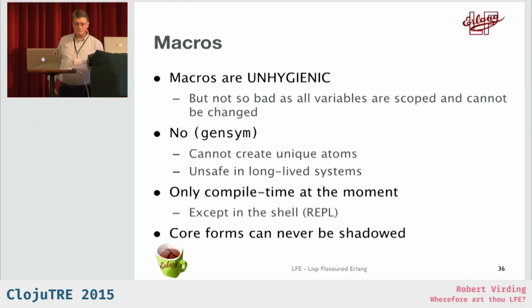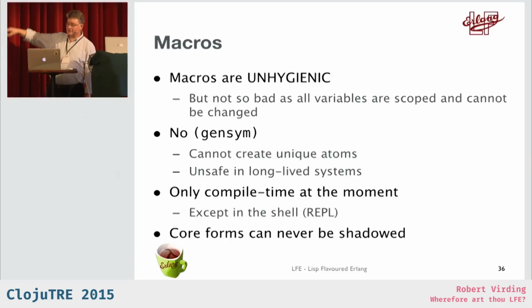At the moment, macros only exist at compile time, when you're compiling. I want to make them exist outside as well. But there we run into the problem, as I said, because all Erlang has are functions. It doesn't have this concept that many Lisps have, where the system can differentiate between what's a function and what's a macro. We can't do that. We just have functions.